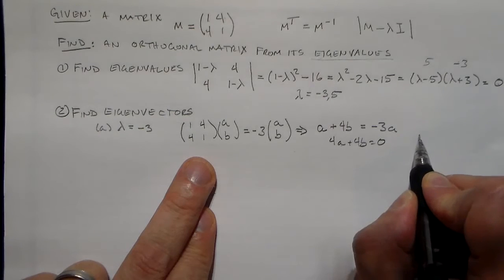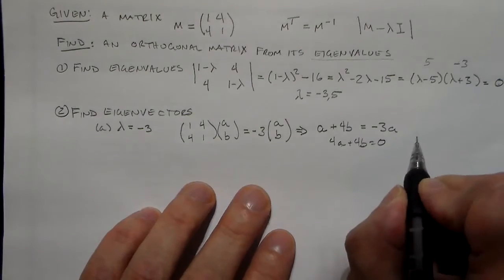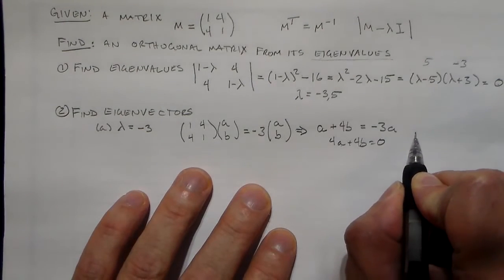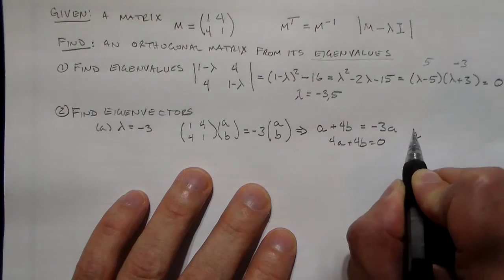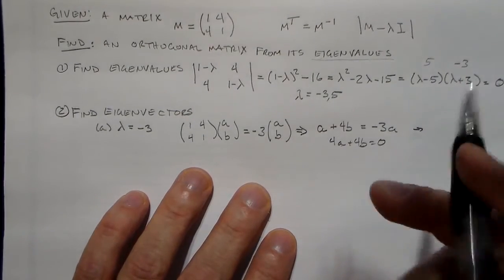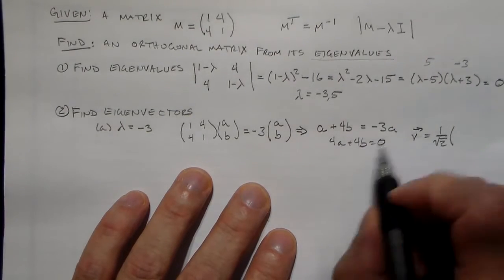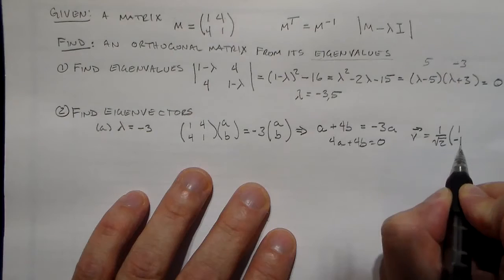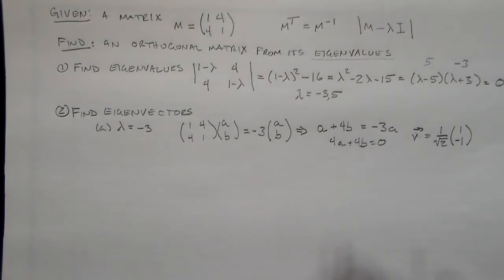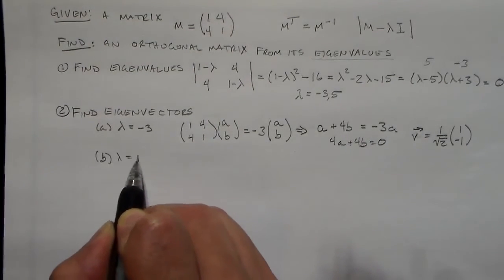So let's go ahead and use a normalized eigenvector. That first eigenvector is going to be, let's use V, 1 over the square root of 2 times 1, minus 1, since if A is 1, then B is minus 1. We can do this for lambda equals 5.